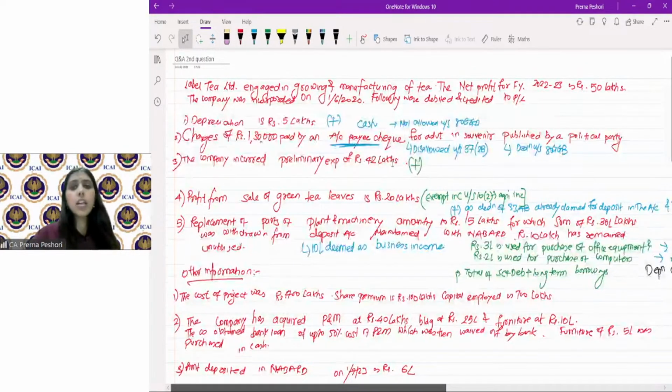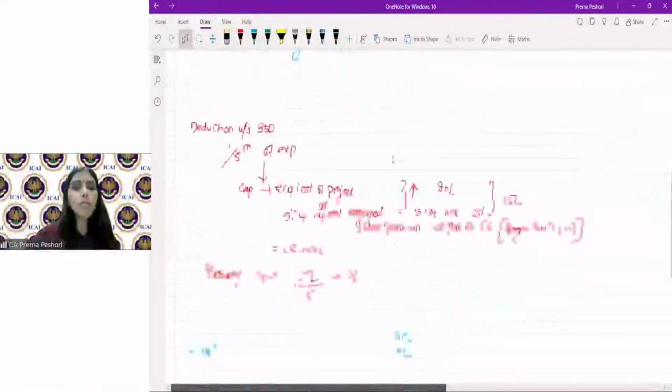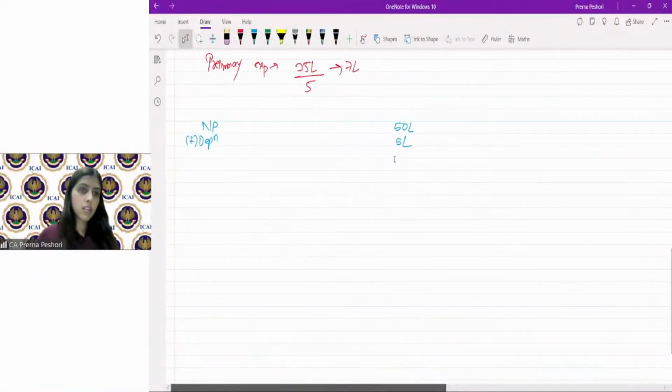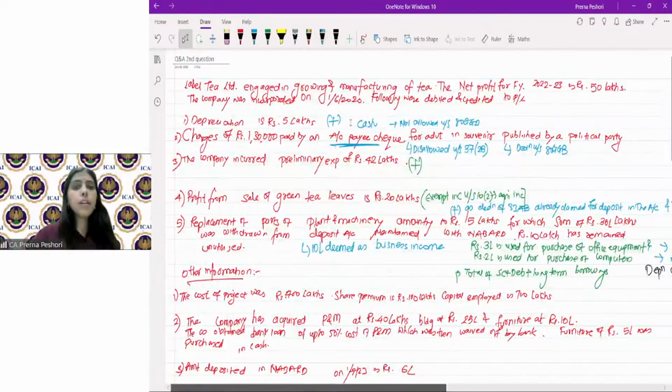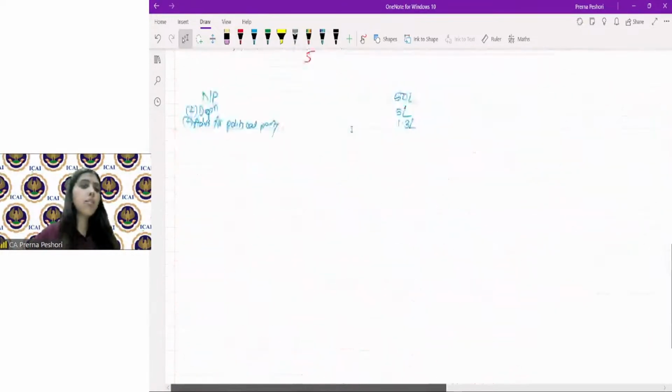Then the amount paid for political party souvenir, advertisement for political party, is 1.3 lakh. Then we have preliminary expenditure of 42 lakh.